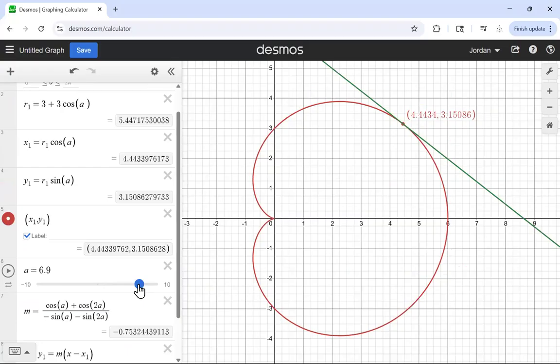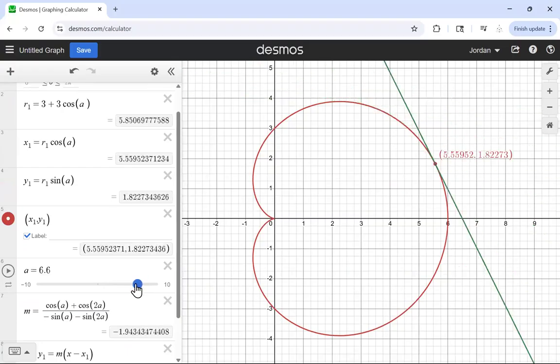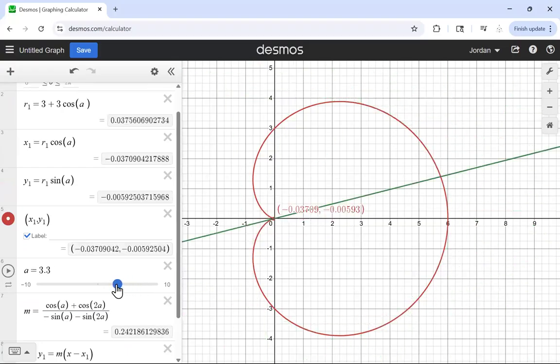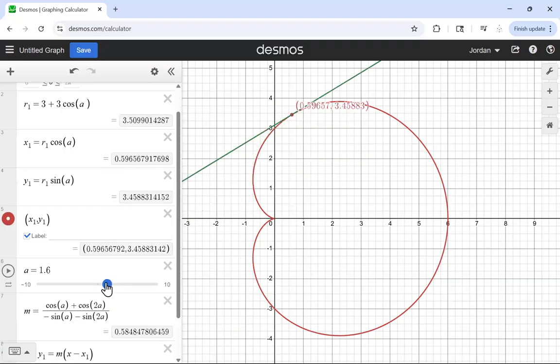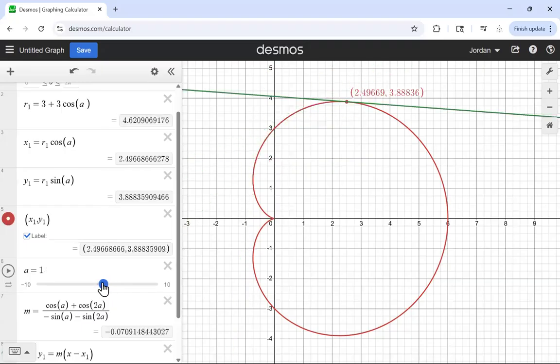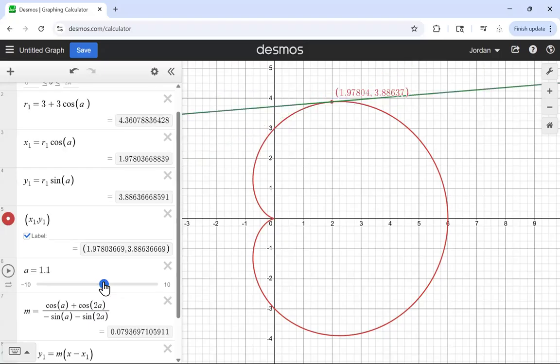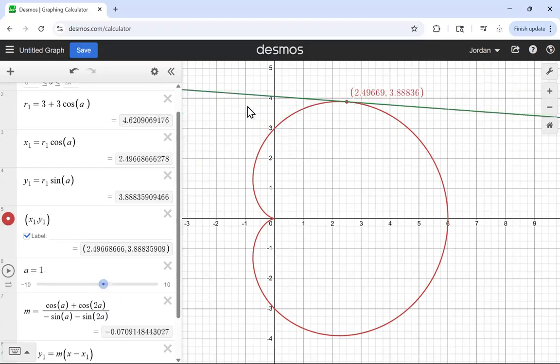There we are. So you can see the tangent line move around, and you could figure out where we get horizontal tangent lines, where that's flat. Again, horizontal tangent lines happen when the numerator is 0 and the denominator is not.